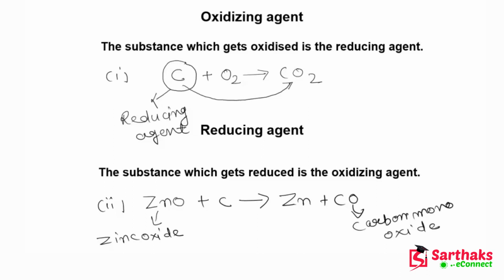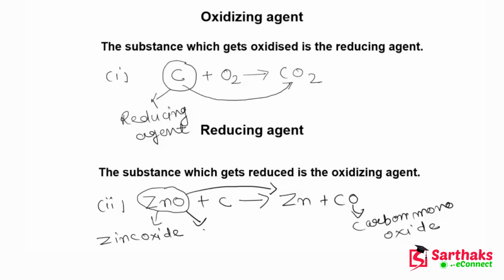Now, guys, what will happen? You can see that this zinc oxide is getting reduced to zinc because there is a removal of oxygen. So we would say that this zinc oxide is getting reduced into zinc. The compound, element or substance which is getting reduced, we will call it the oxidizing agent.